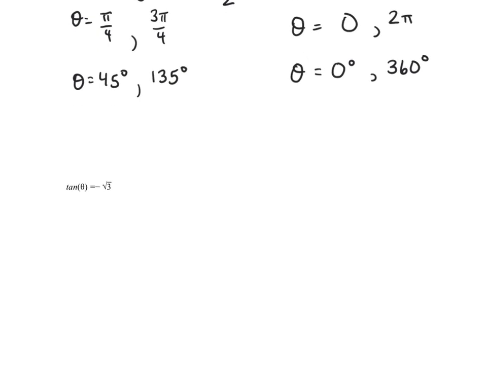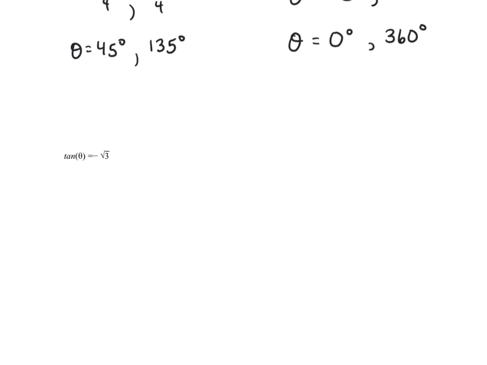Now the trickiest one is tangent, because tangent is not listed directly on our unit circle. Remember, tangent is y divided by x, equal to negative radical 3. So, because everything on here is in something over 2, I'm going to write this as negative radical 3 over 1, pardon me.